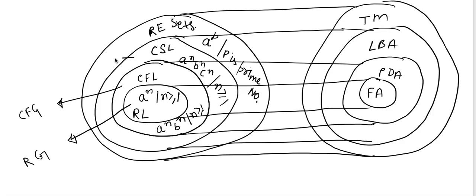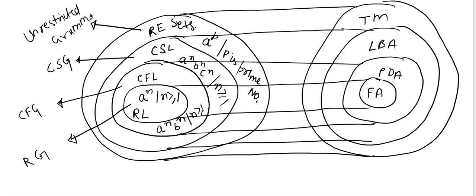For CSL we have context sensitive grammar, and then for recursively enumerable sets we have unrestricted grammar. So this is all called the family of languages. These are all the languages possible, with the corresponding automata which can accept the particular language, and then these languages can be generated by these grammars.